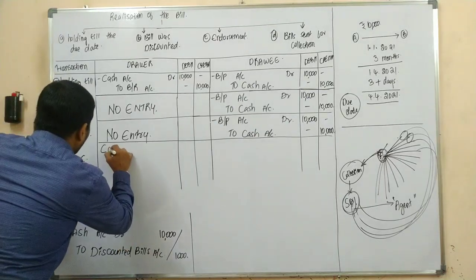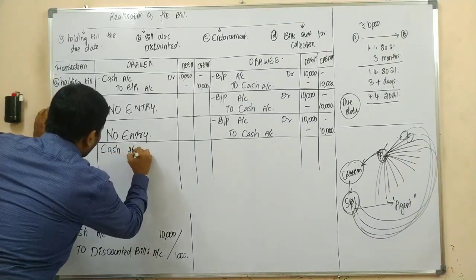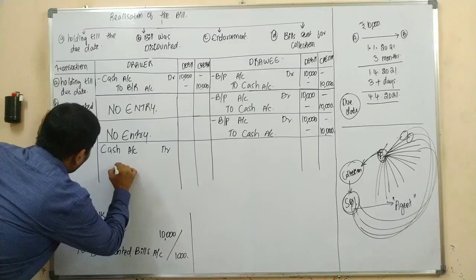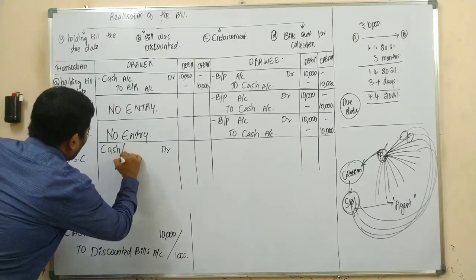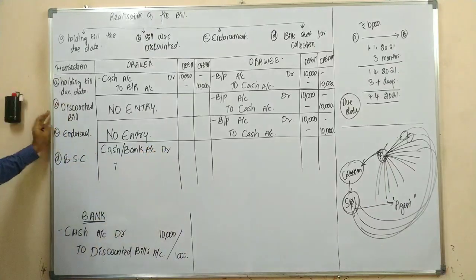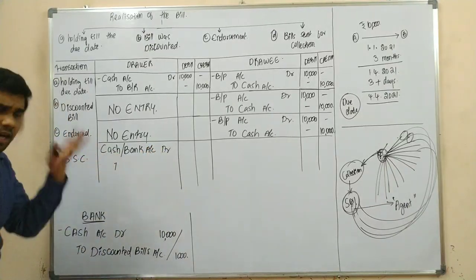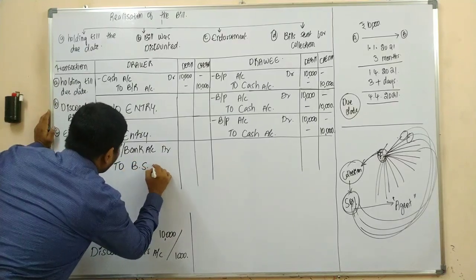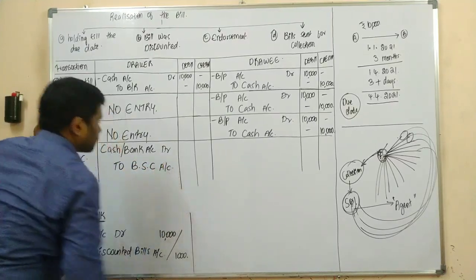So the journal entry would be cash account debit, it could be cash account or it could be bank account, cash or bank account debit to bills sent for collection account.